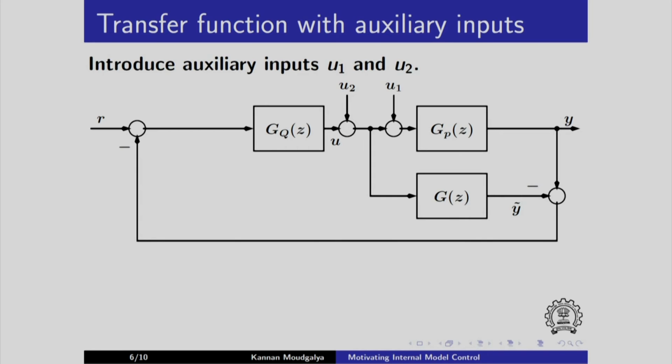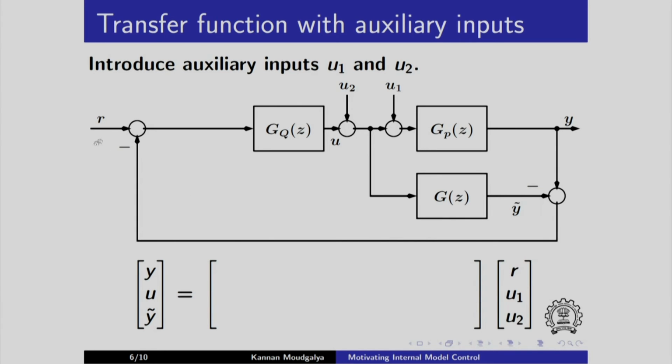You take any 2 points in the closed loop, the transfer function between them should be stable. In order to do that, we introduce 2 auxiliary inputs, U1 and U2, and we derive the expression for the outputs y, u and y tilde. We take these as the outputs.